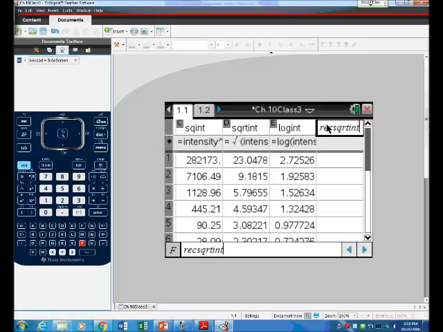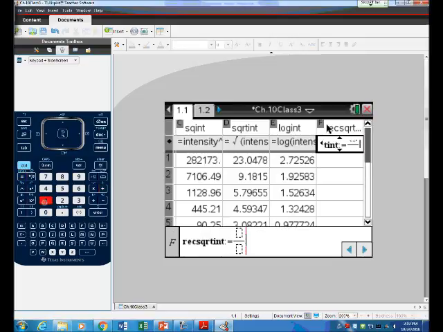So let's see if we can do this. So equals, I'm going to put in a fraction, so that's control division sign. So now I've got a fraction, 1 over the square root of intensity. So it's a reciprocal, so 1 over, and it's the square root in the denominator.